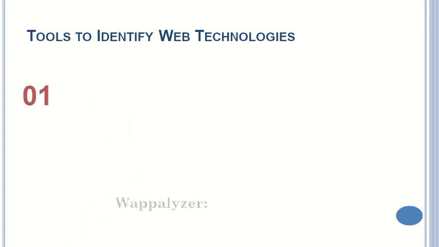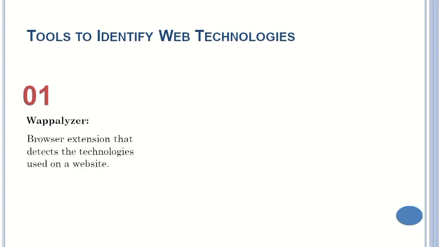Number one, we are going to use Wappalyzer. This is a browser extension that can detect the technologies used in a website.